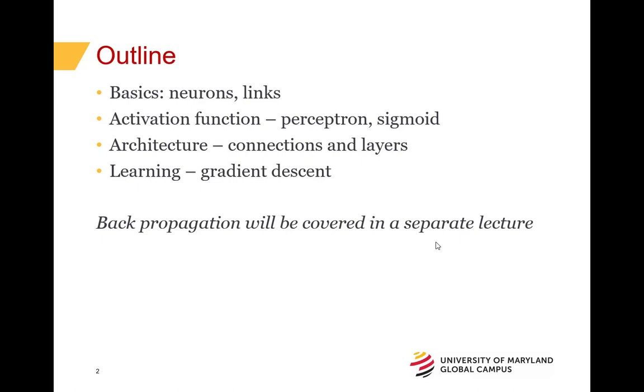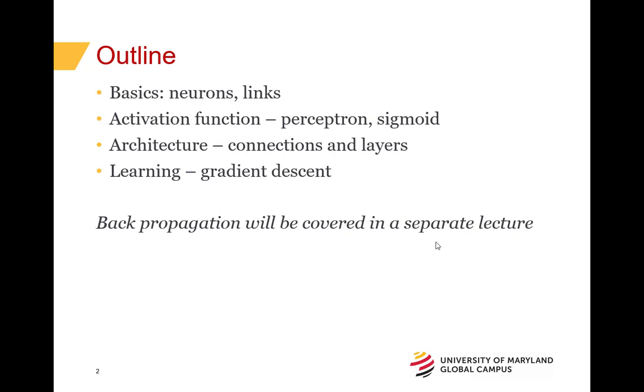We will discuss activation functions, which are a critical aspect of neural networks. There are many activation functions, but we'll discuss perceptrons and sigmoids. Those are the two simpler, commonly used ones, particularly sigmoid. We don't use perceptron any longer in real world problems.